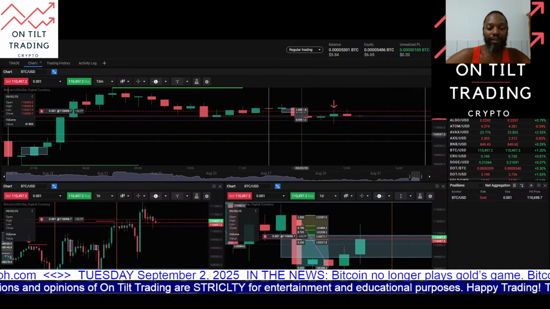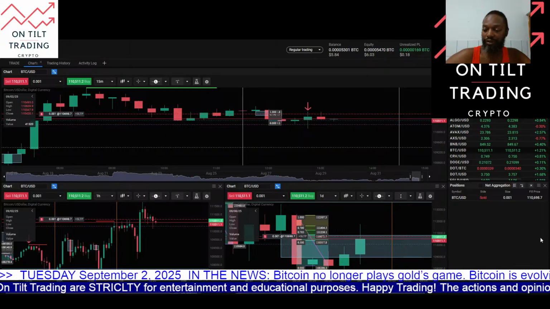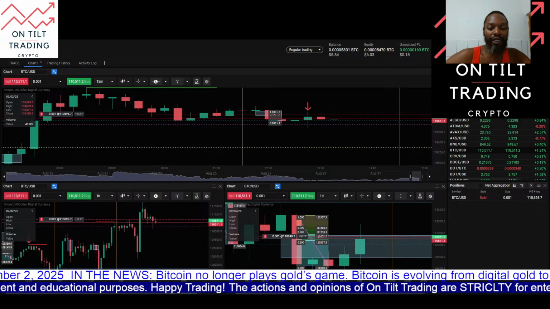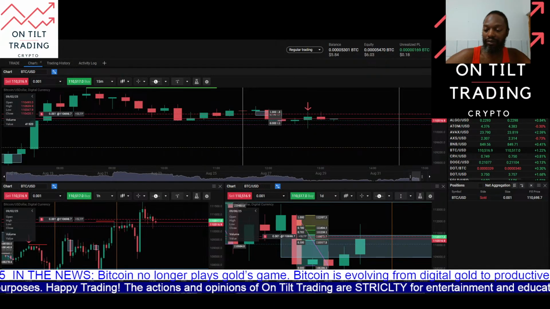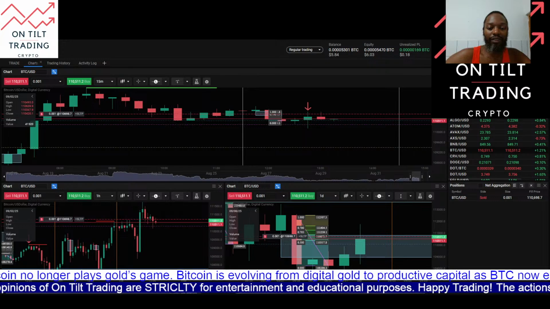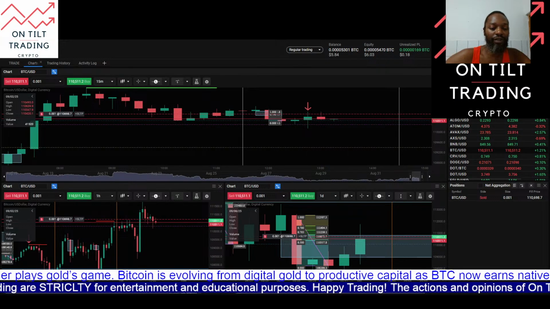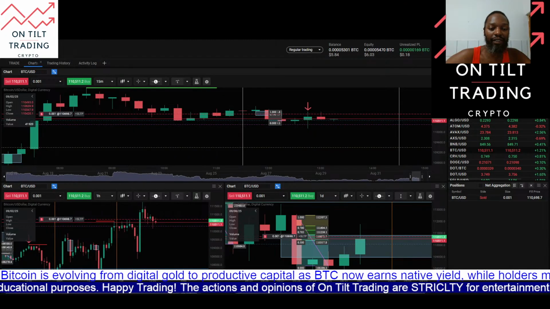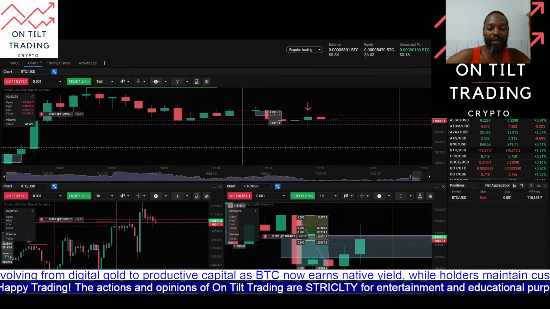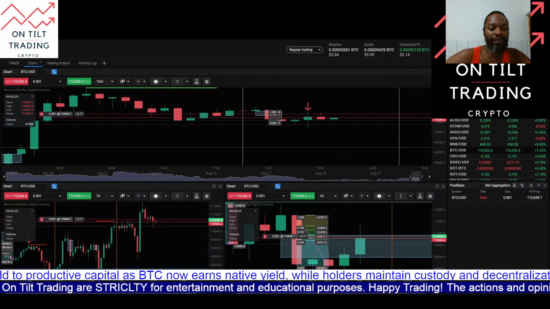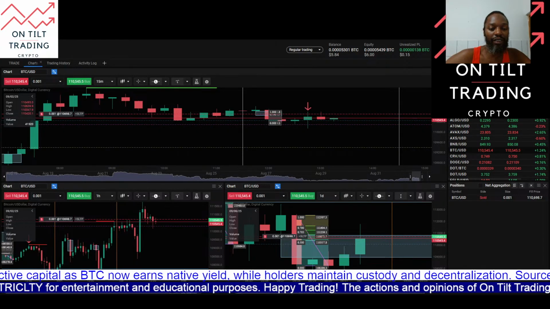But here on the 15-minute chart, I noticed price action in this candle here struggling to be delivered, or price wasn't able to be delivered above this swing high here. And then when that happened, price was delivered to the sell side into this swing low here.